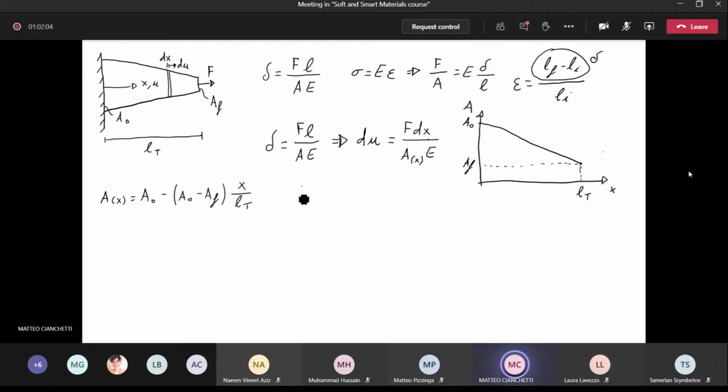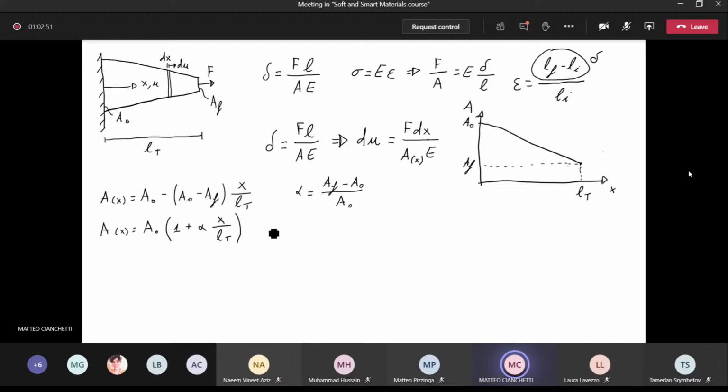And also, if we define, just for convenience, another parameter, alpha, as the ratio between AF minus A0 on A0, we have that A(x) can be rewritten as A0, which multiplies 1 plus alpha x on LT.